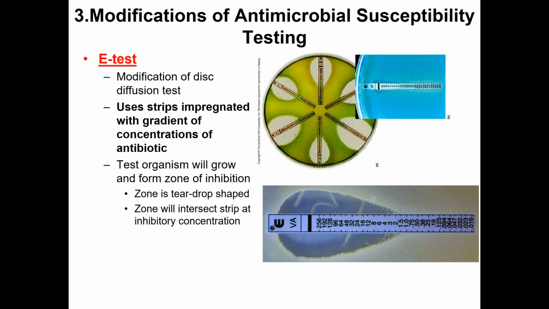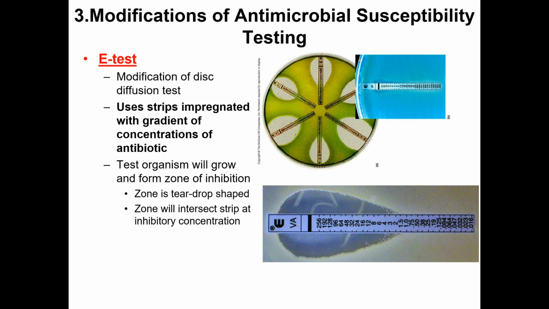And then the last one is something I've never had a chance to do. I've always wanted to. Another kind of a modern twist on actually both of these tests. So E-tests combine both Kirby-Bauer with the broth dilution test, all in one. So instead of getting little discs with antibiotics in them, you get strips.